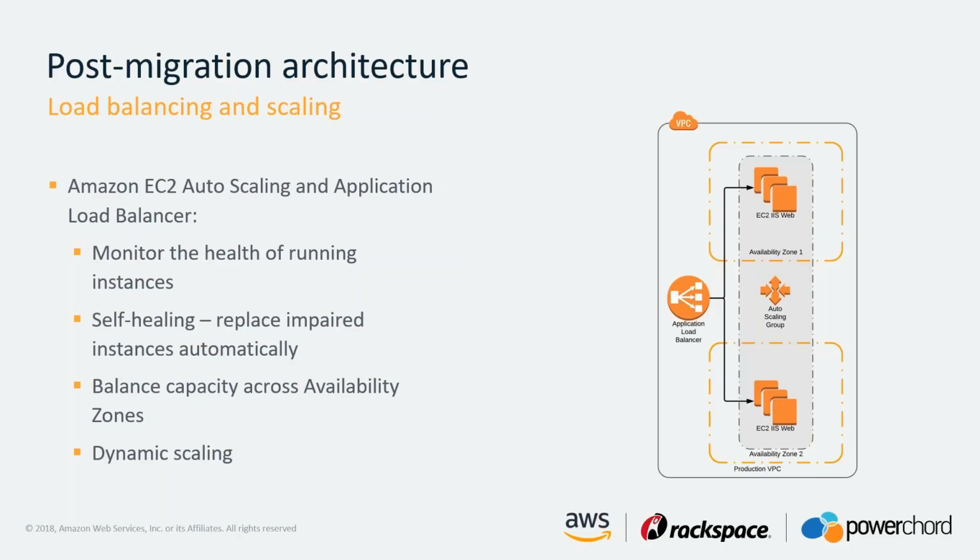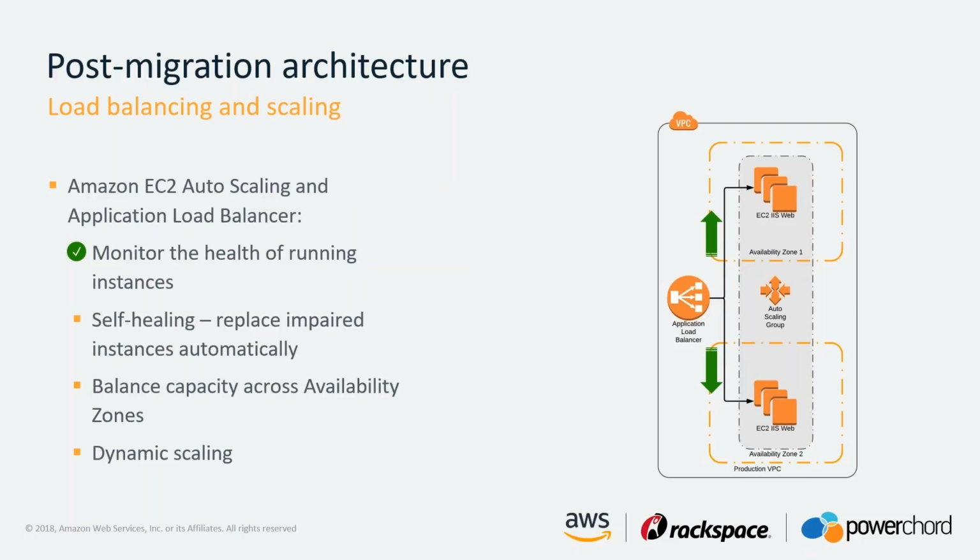The interesting thing that becomes enabled when you move into AWS with EC2 is auto scaling. And combined with the application load balancer, you see some pretty major benefits. You'll notice the green arrows here on this diagram.